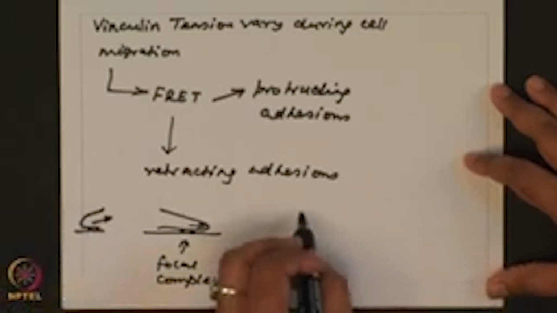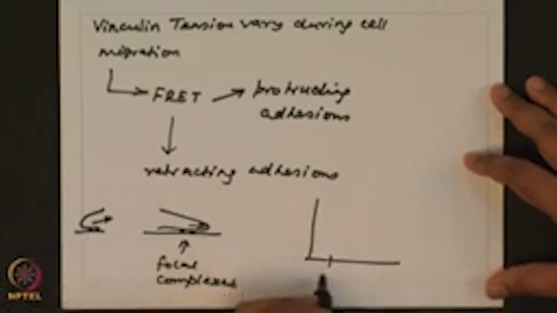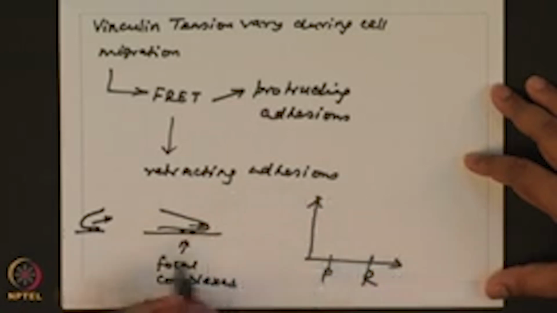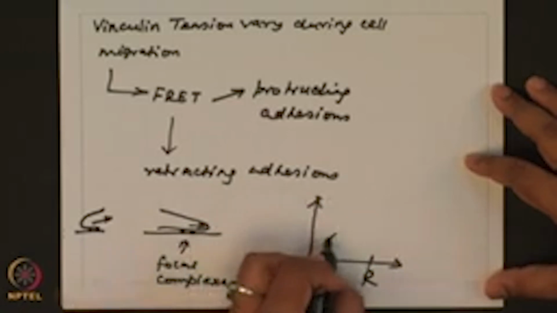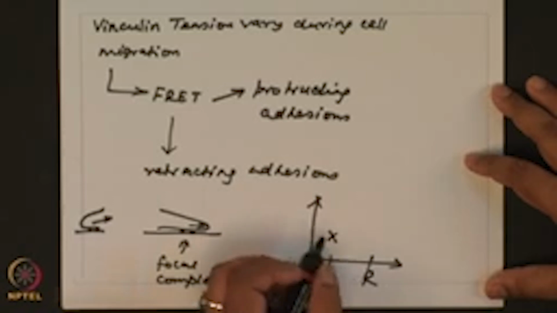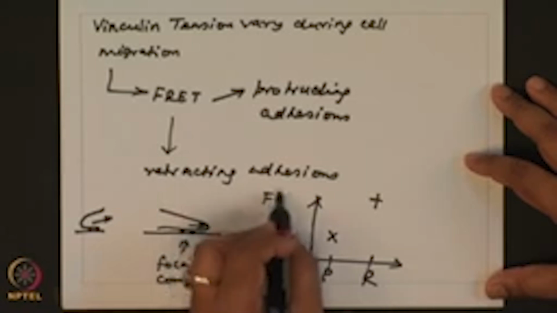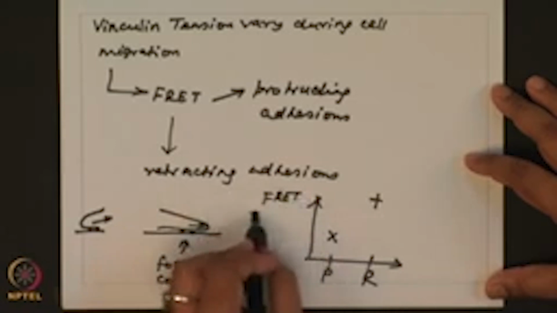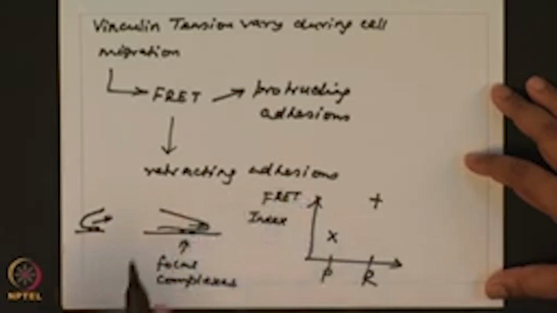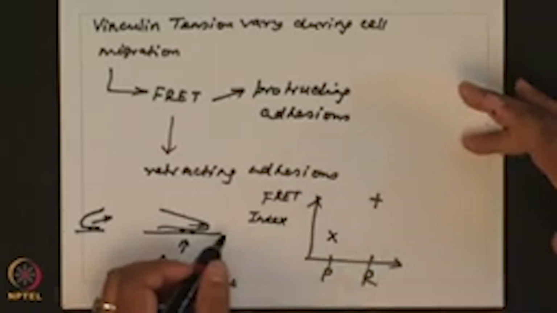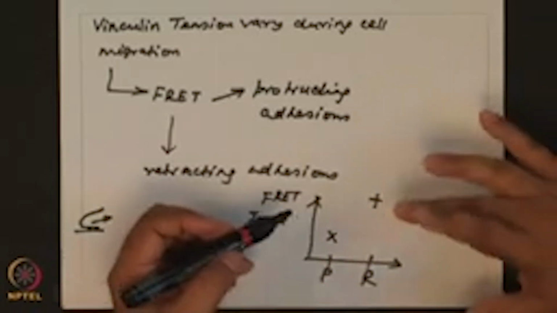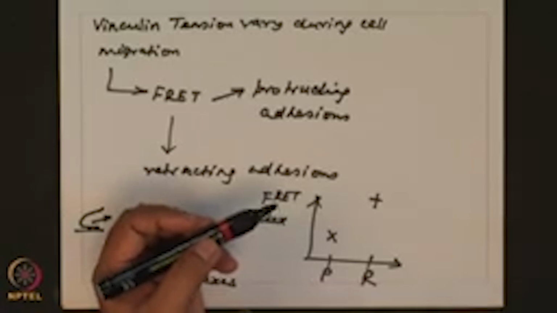Comparing the FRET signal, they found that at the protruding edge the FRET index was a lot less compared to the retracting edge. So, this shows that a higher FRET index means lower force.